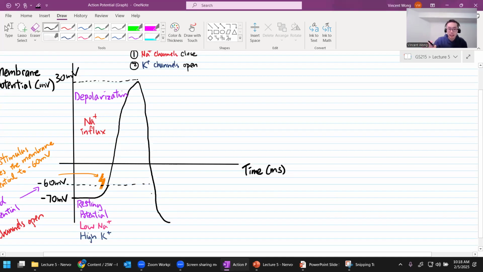Because like I said, there are two driving forces that push the potassium out, right? So we're going to reestablish the negative charge, which is called repolarization. And the main cause of this is potassium efflux.